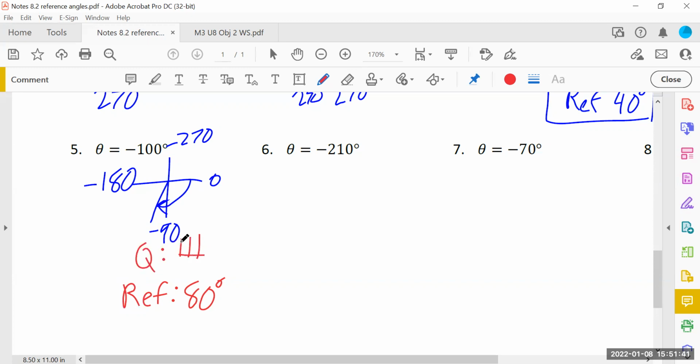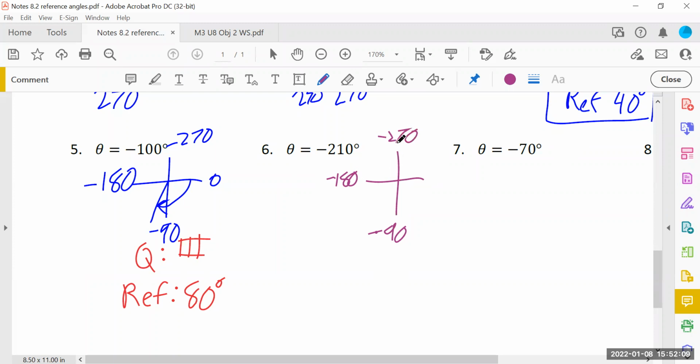For question 6, same idea. Go backwards here. Let's use a different color. So here I'm going -90, -180, -270.